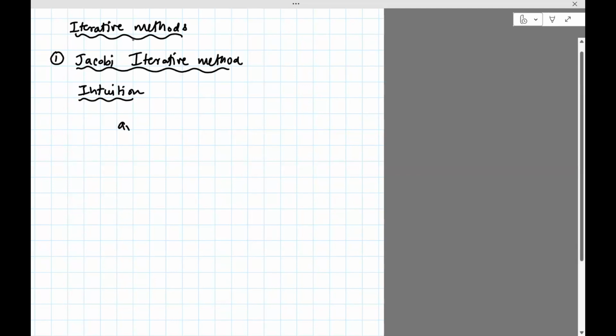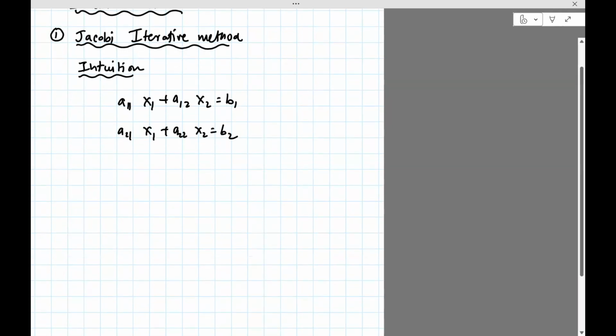Let's say that we want to solve a system of two equations in two unknowns. So what the Jacobi method does is it tries to solve for x1 first in terms of x2.